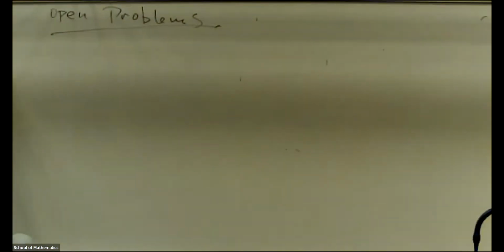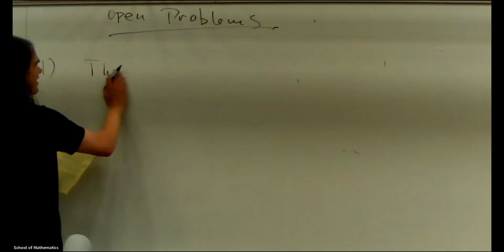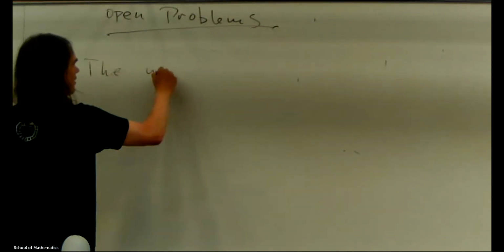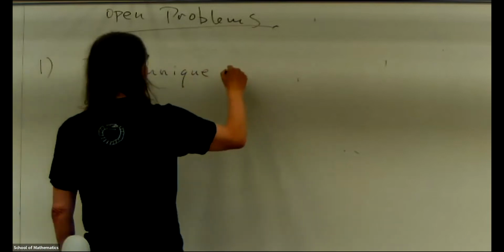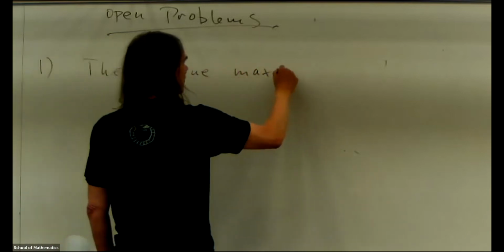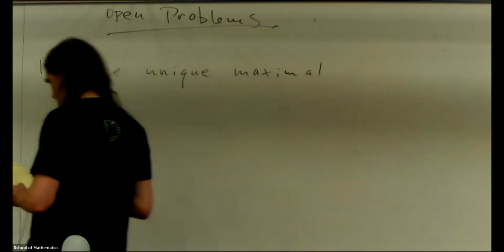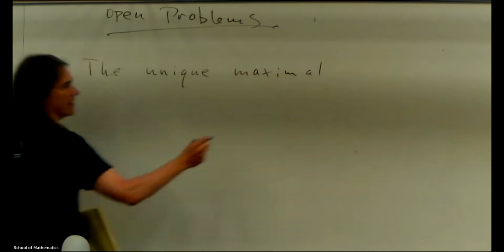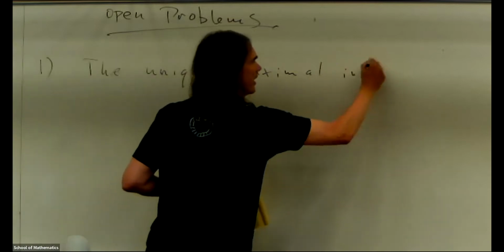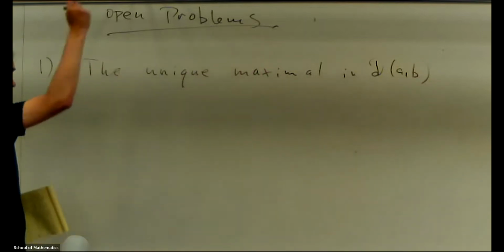Okay, so first, the unique minimal, sorry, that was minimal, the unique maximal element should be the path in D, AB, the path that goes all the way to the right and then up.